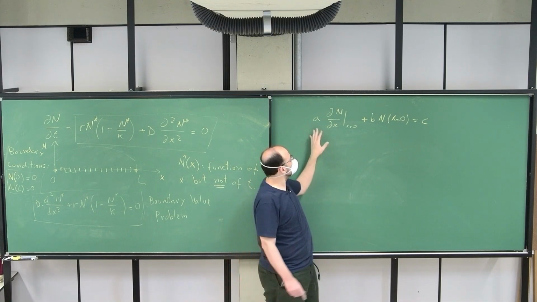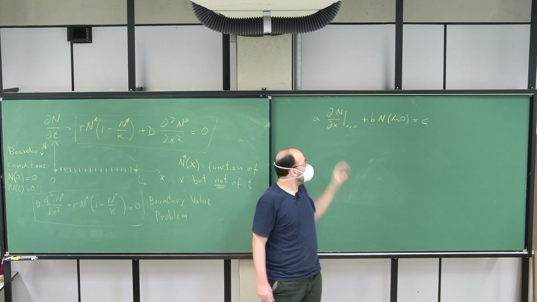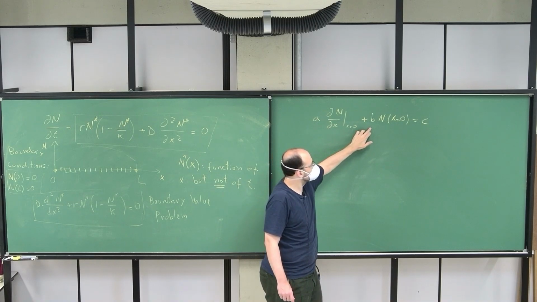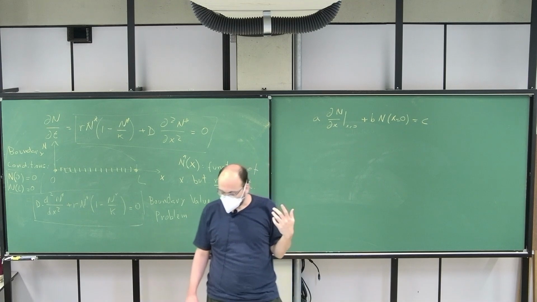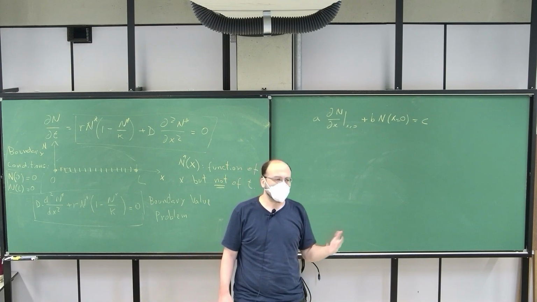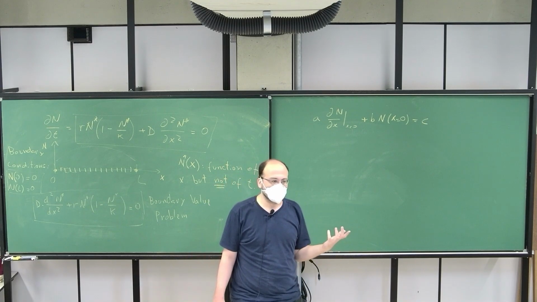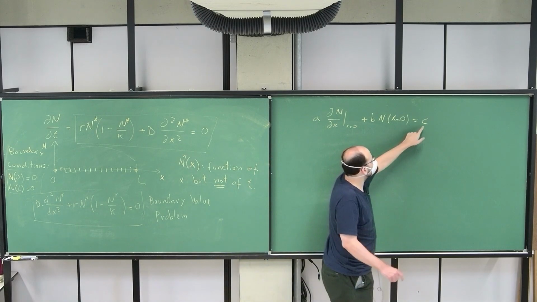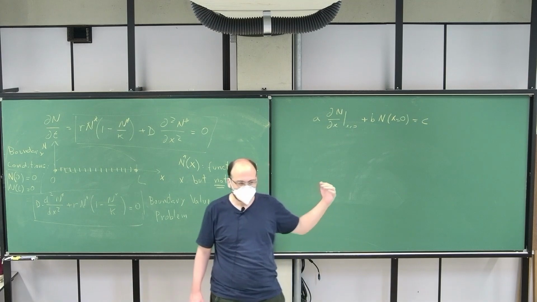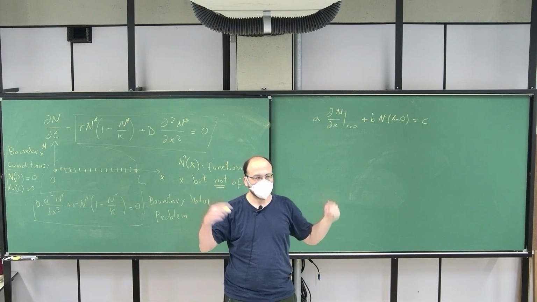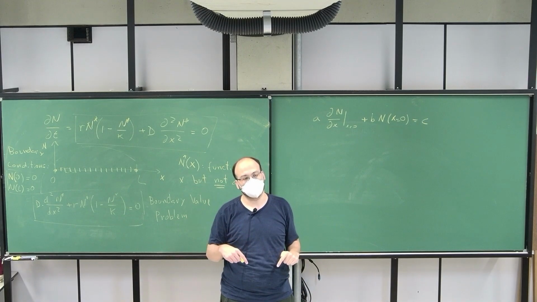And if you set A and B different from 0 and C equals to 0, you have what is called a Robin boundary condition, that is a partially reflective boundary condition. And if C is different from 0, it means that you have stuff coming from outside, even when you have no population inside, okay?